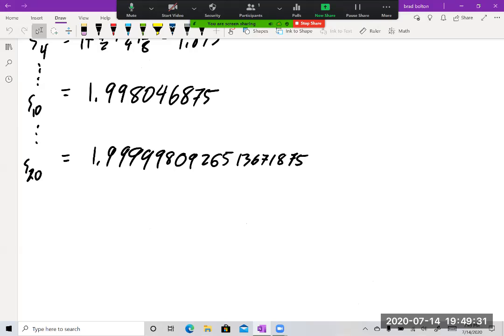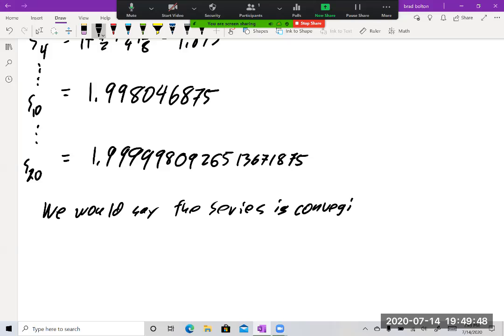Would it be safe to say that it appears that it is tending towards 2, right? So we would say the series is converging to 2.